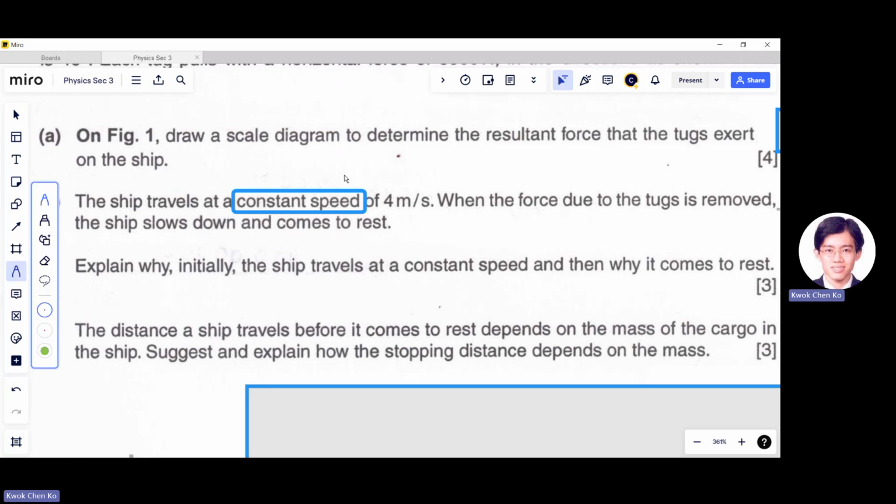Constant speed tells you something very important, right? But what does it tell you? I hope you remember constant speed. Do you remember? Essentially, if you go back to kinematics, it means acceleration is 0.